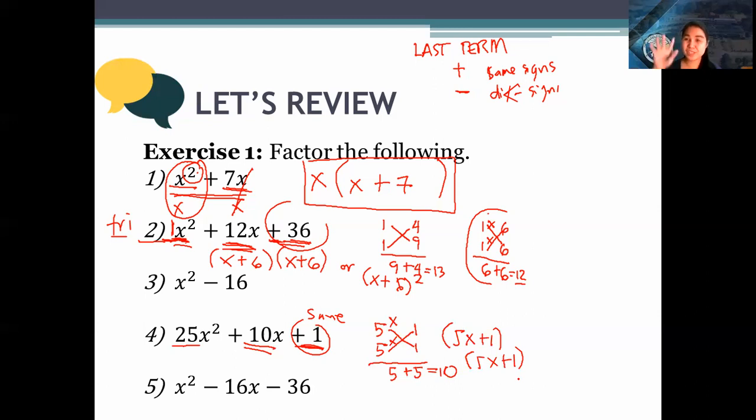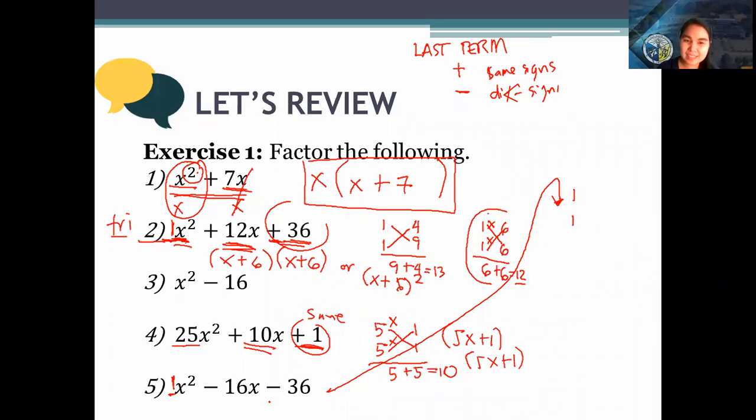Let's go to number 5. I'll solve here. Number 5. First term. What are the factors of 1? We have 1 and 1.